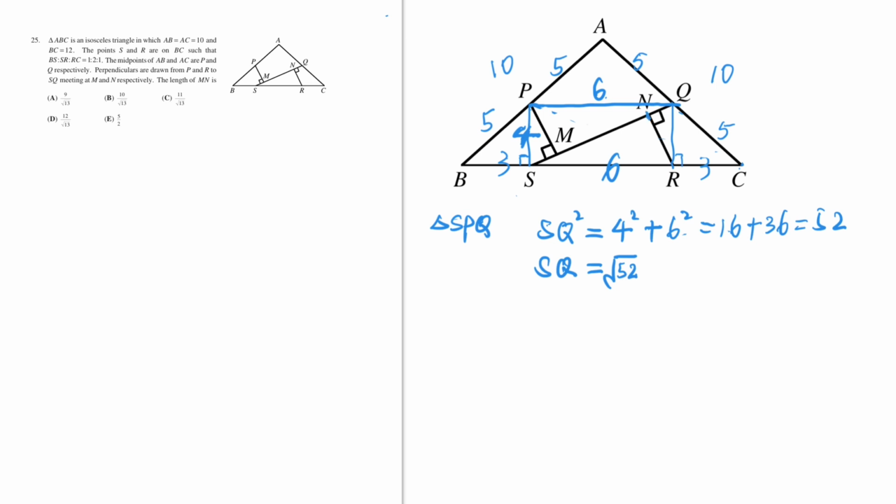Now we look at PMS. Triangle PMS is similar to triangle PSQ. That's AA similarity. Which AA similarity?